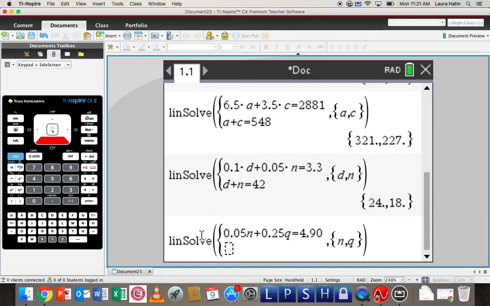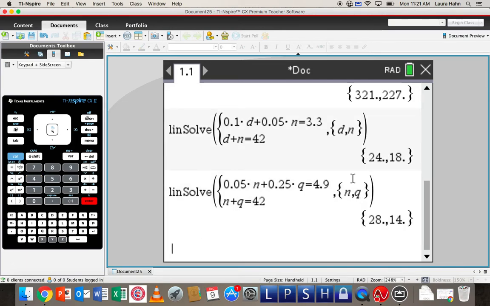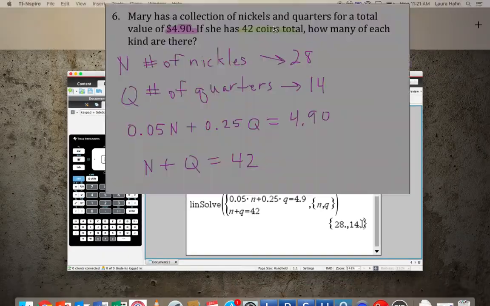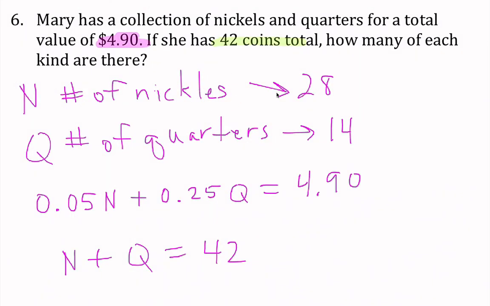My next equation is N plus Q equals 42. So pay attention to how we put our variables in. It's going to give me the nickels and then the quarters. So I know the number of nickels I have is 28 and the number of quarters I have is 14. So we have 28 nickels and 14 quarters.